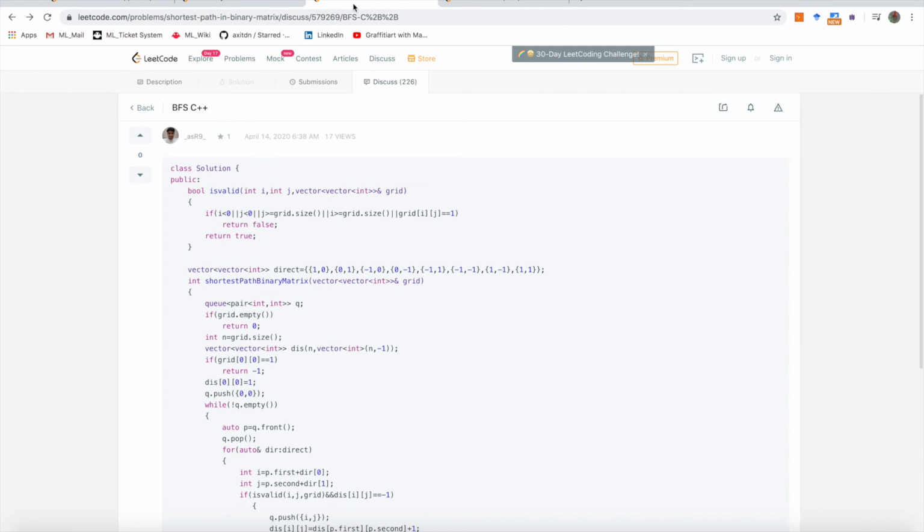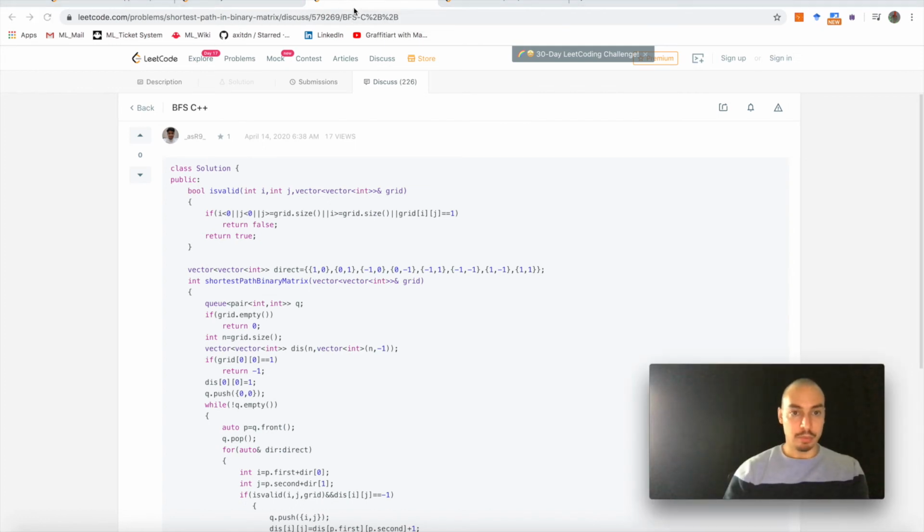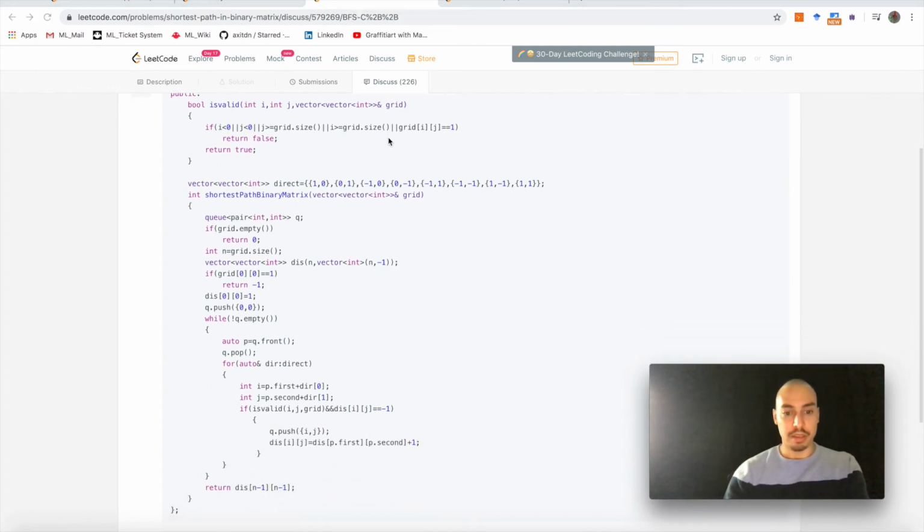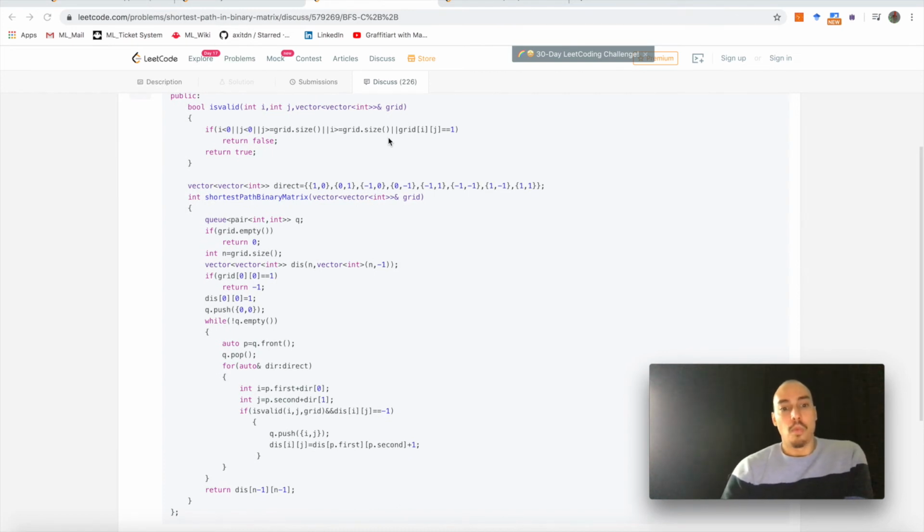Okay, next up is the problem of finding the shortest path in a binary matrix, which basically leverages the fact that since we are doing breadth first search, we go level by level, or we basically increase distance by 1 with respect to our neighborhood relation.